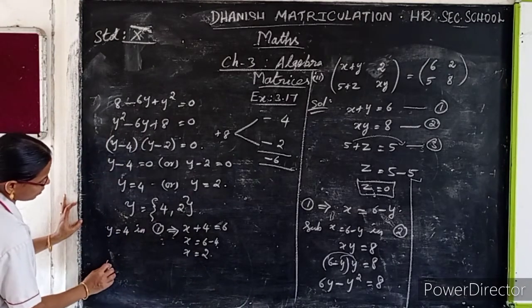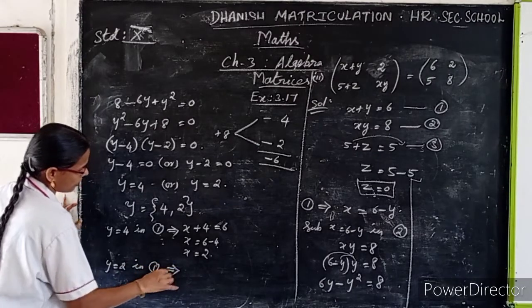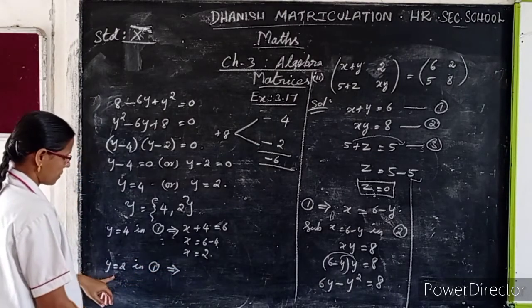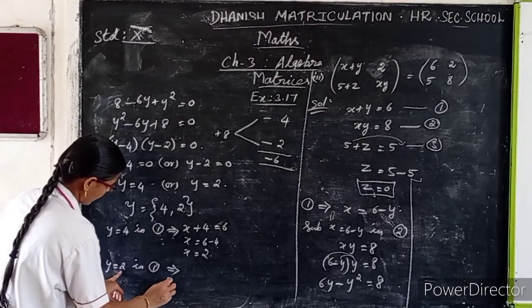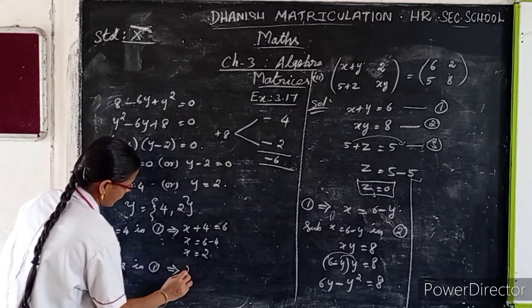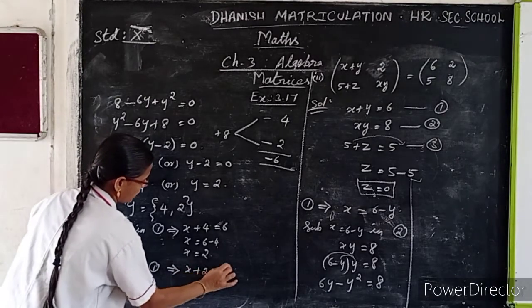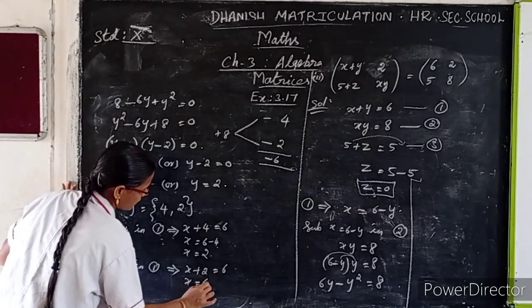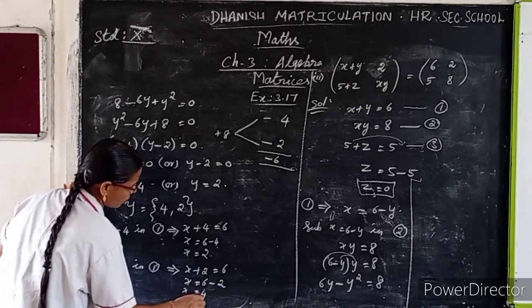Then substitute y is equal to 2 in the first equation, because there are two values for y. X plus y, y is 2, equal to 6. So x is equal to 6 minus 2. So x is equal to 4.